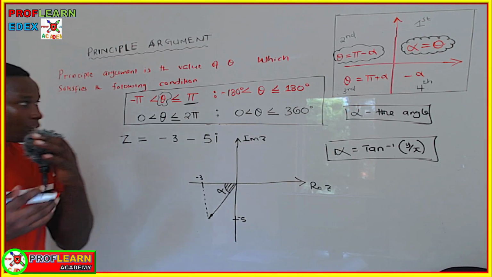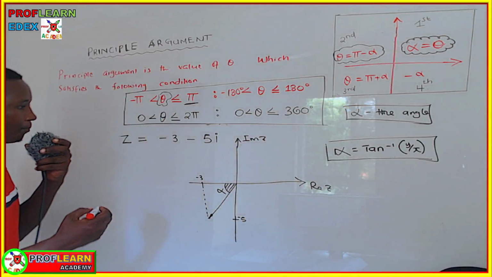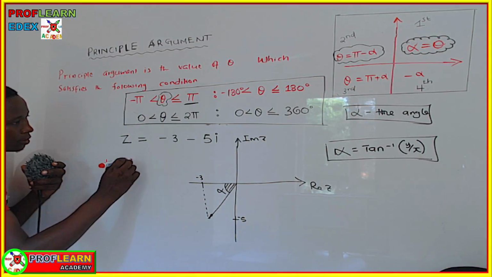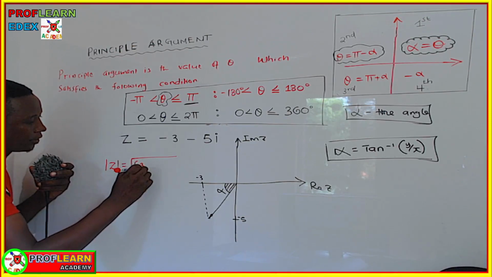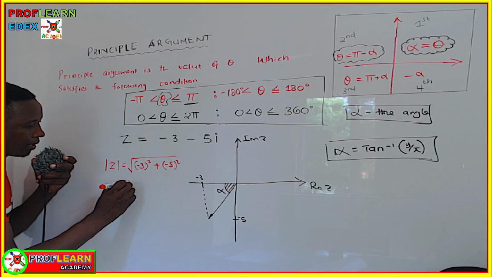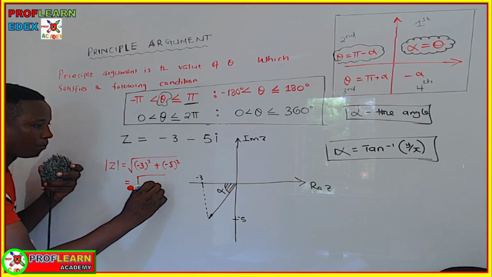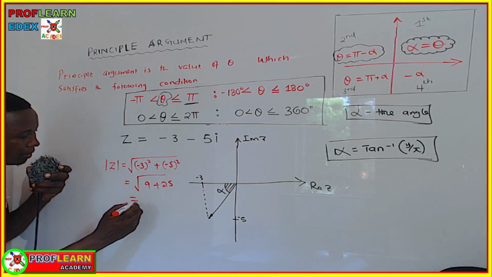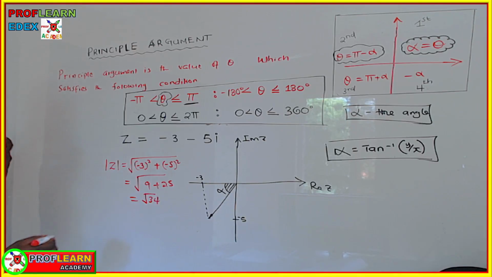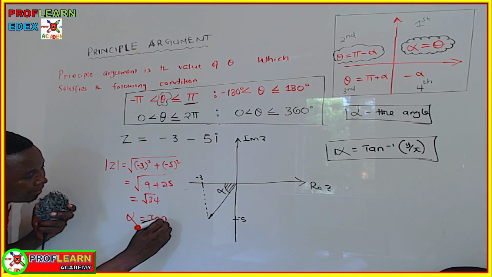Because we want to work out the modulus, and then we work out the argument. Modulus of z is going to be the square root of (-3) squared plus (-5) squared, which is the square root of 9 plus 25, so this is going to be root 34. But alpha is going to be tan inverse.